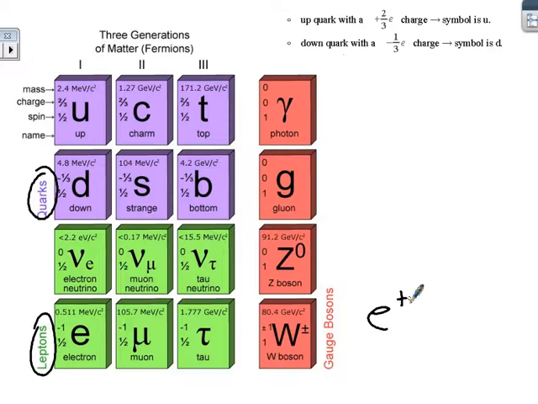Now scientists looked at these and they're like, well, we can use these to actually explain what's going on. Typically the ones that we need to be more familiar with are these first generation fermions, where we have our up quark, our down quark, our electron neutrino, which we observed in beta decay, and our electron. And from this we can actually determine a lot.